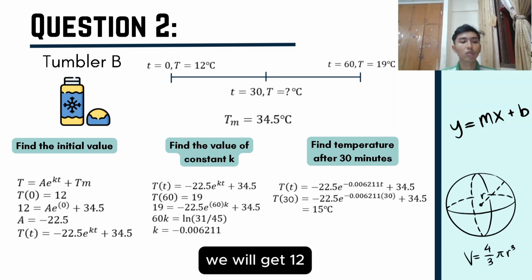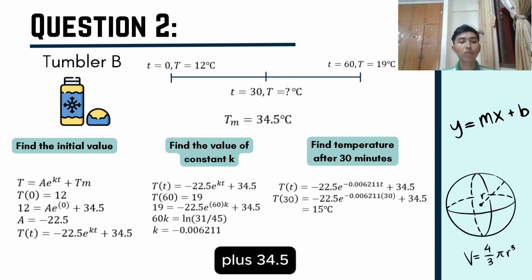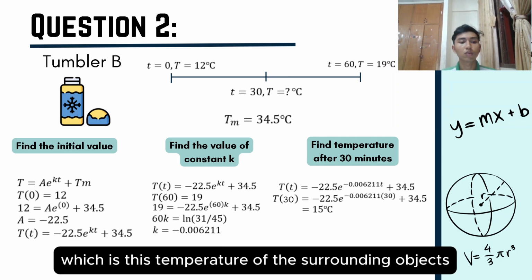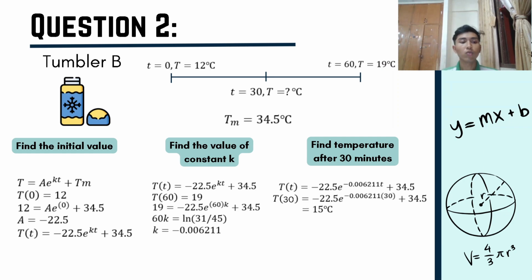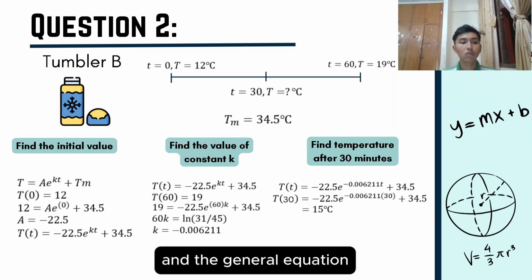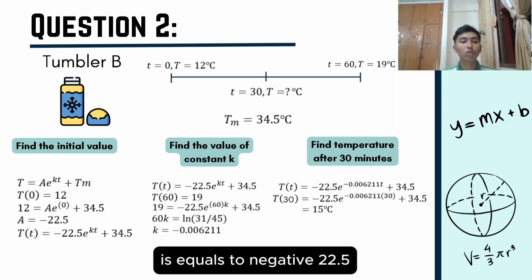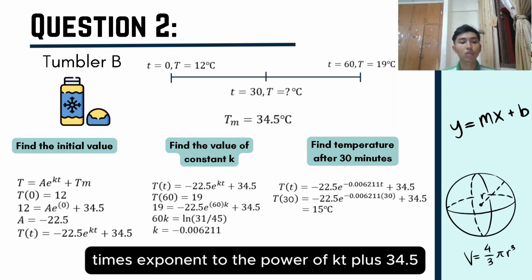We will get 12 equals A times e to the power of 0 plus 34.5, which is the temperature of the surrounding objects. And we will get A equals negative 22.5. And the general equation, the temperature of the tumbler at time t, is equal to negative 22.5 times e to the power of kt plus 34.5.